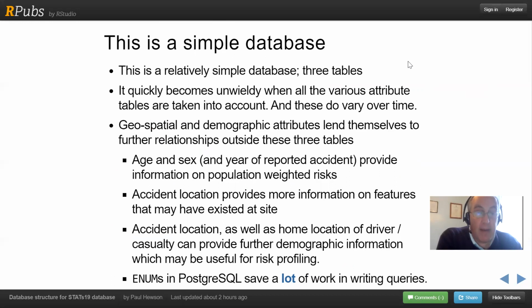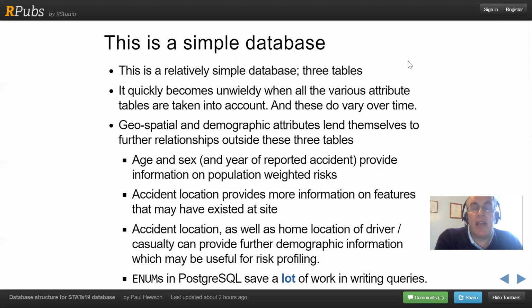That complexity does exist, whether we use enumerated types to hide it or not, because the various attributes do change over time. One reason for maybe avoiding some of the complications of the attribute tables in terms of understanding a database is we might want to focus on relationships with data that go beyond the STATS19 data themselves. So within the STATS19 data, we are given geospatial and demographic attributes.